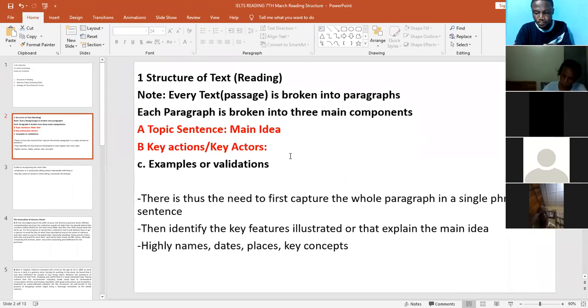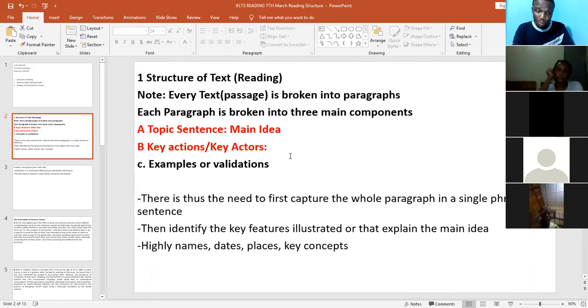Because if you understand the main idea of a particular paragraph, you would likely be able to tackle questions like matching task questions that are very difficult. And also, you would be able to properly highlight your points without having to read your passage over and over again.